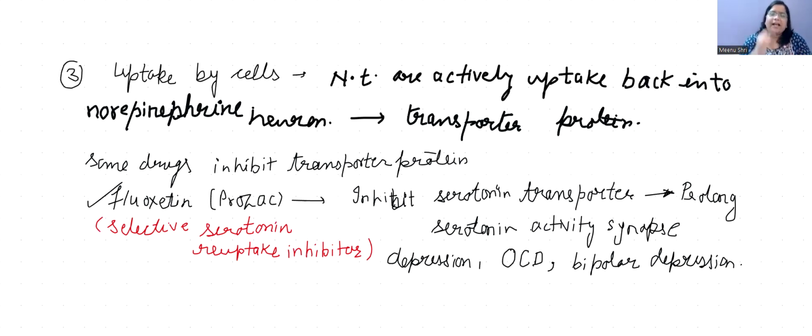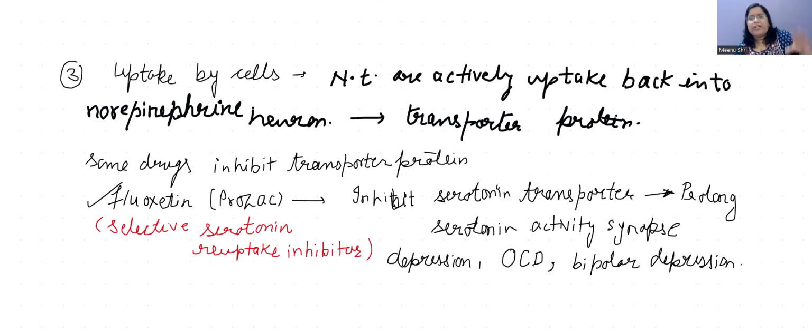First, they can diffuse out. Second, they can be deactivated by a particular enzyme, like acetylcholinesterase deactivating acetylcholine into acetate and choline. And third, uptake proteins take up the neurotransmitters from the synaptic cleft and stop their action.